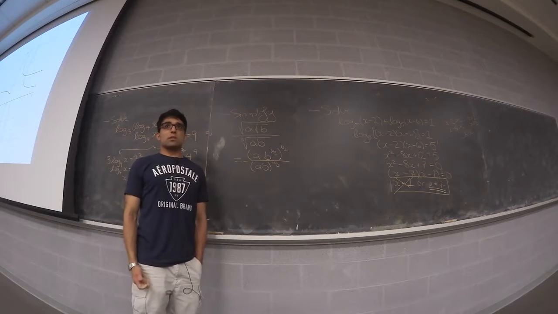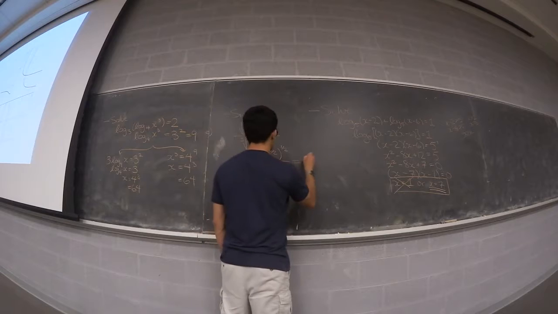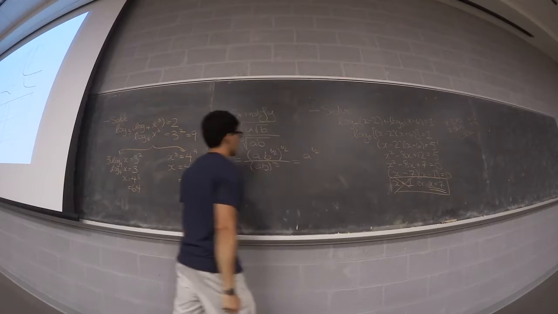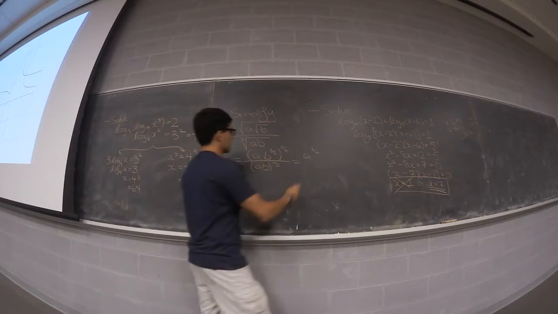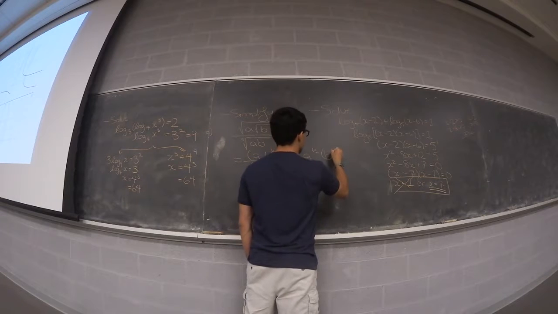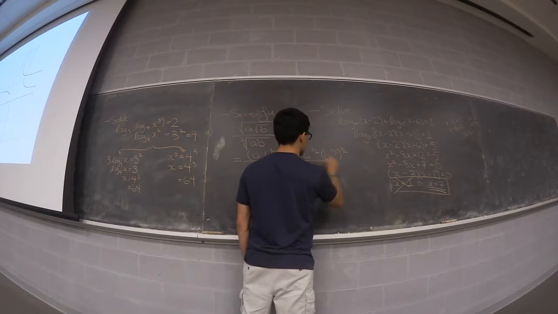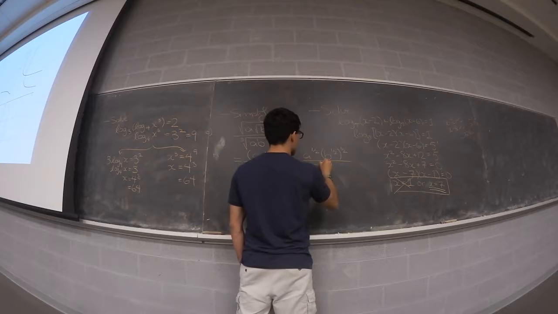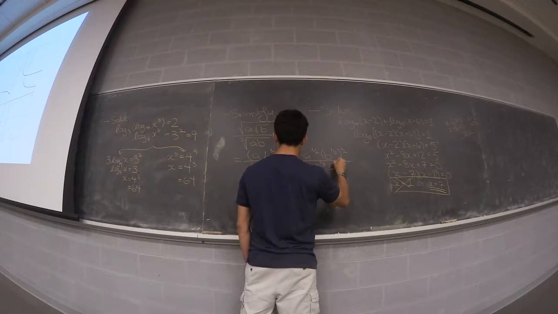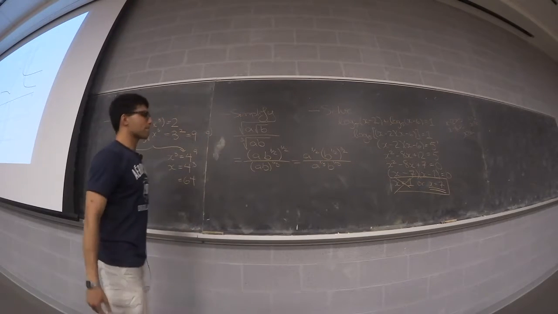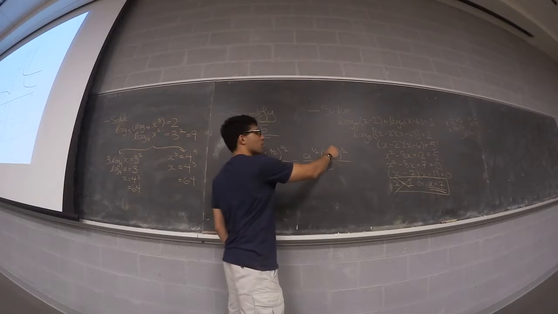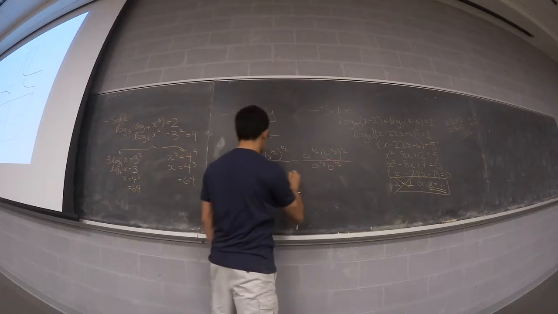And you can bring the exponents in. Go A to the 1/2, B to the 1/2, 1/2, over A to the 1/3, B to the 1/3. You can do some of this in your head. This is just B to the 1/2 times 1/2, so it's just B to the 1/4.